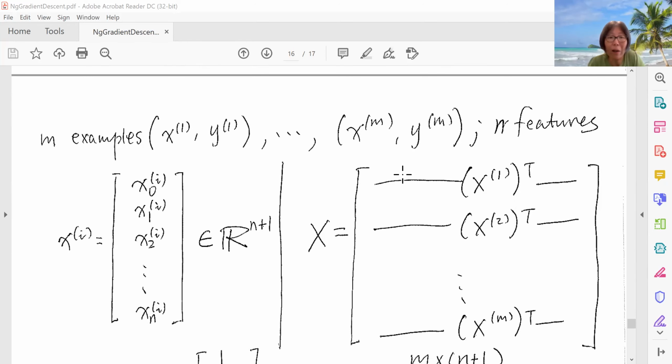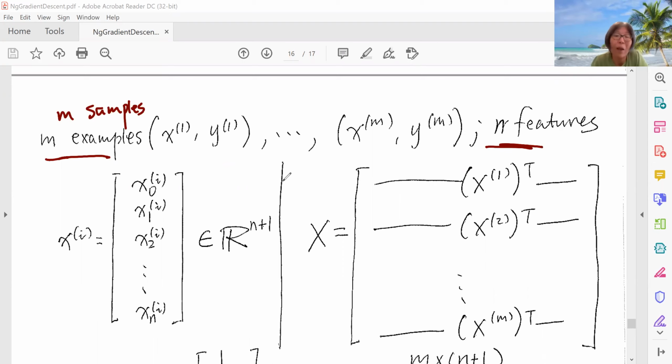Over here, we have multiple samples, M samples, and also a number of features.